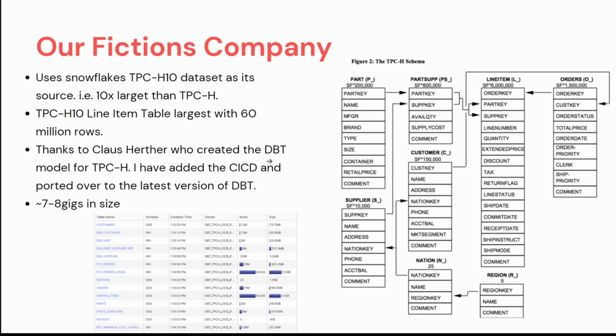And with this normalized model, we'll be using DBT to create various facts and dimensions. The aim of this demo is not to show the best practices on data modeling. It is to show how we can increase the velocity at which we deliver via DataOps. We're going to be using the TPC-H10 variant, where the actual rows are multiplied by 10. So this line item table, for instance, will be 60 million rows.